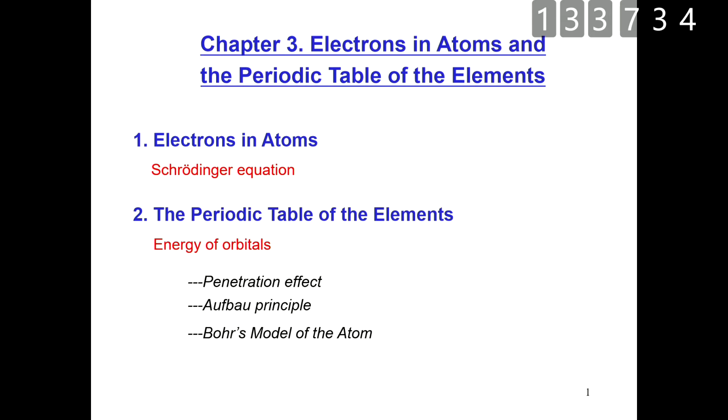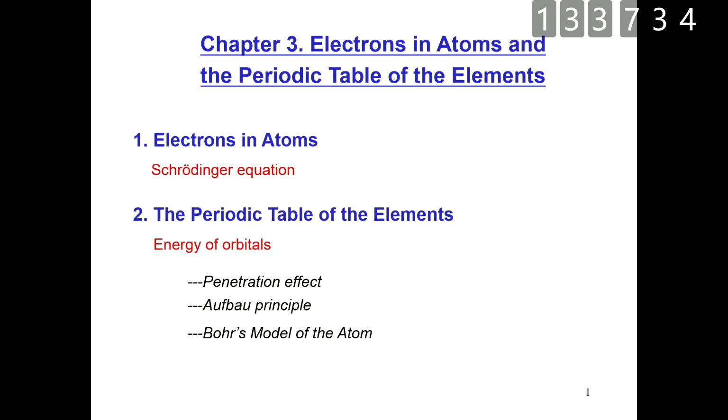Okay, and in chapter 2, we also introduced that chemistry is about matter, and matter is made of atoms, right? Basically, each element has its own atom, and different elements have different atoms.